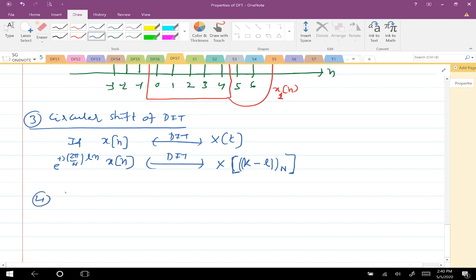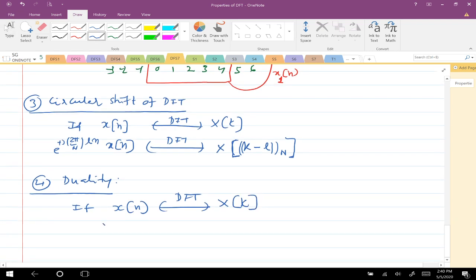Then the next is the duality property, just like we had the duality property in the case of DFS, along very similar lines. If for x of n the DFT is X of k, and then I take X of n, simply changing the name to n, the DFT would be similar to that, multiplied by N. There we have seen minus k.